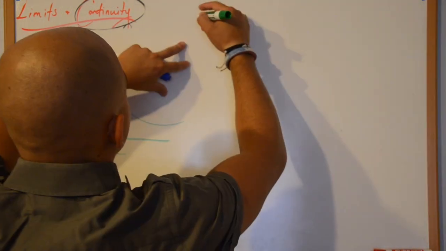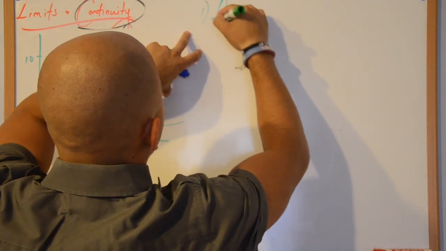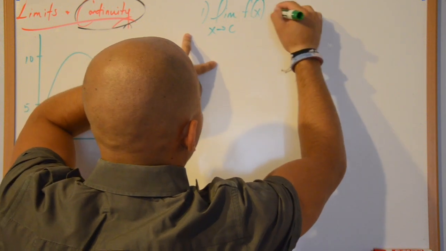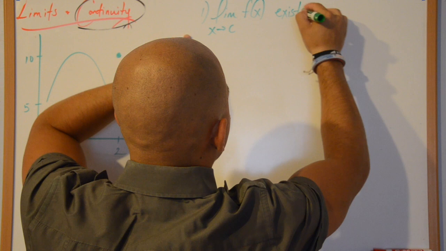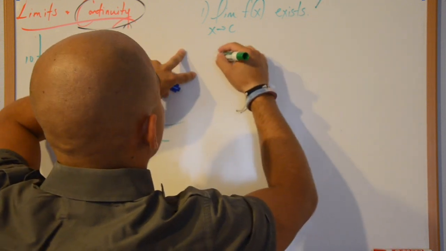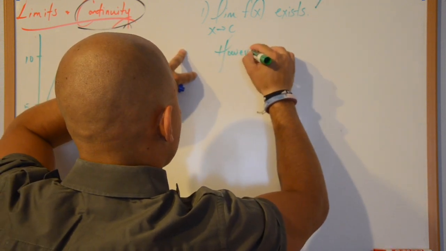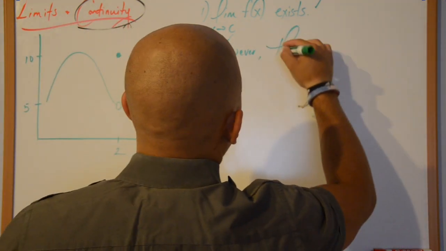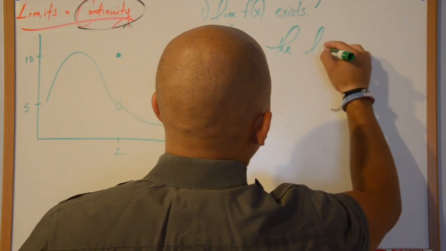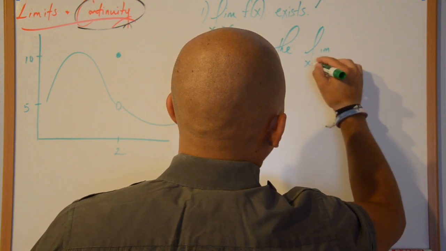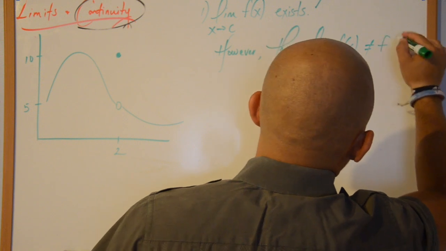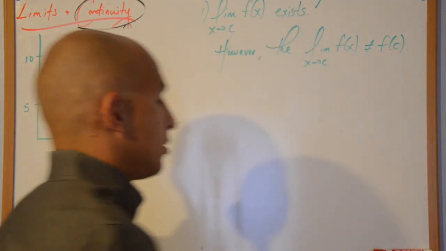So in this instance, the limit as x approaches c of f of x exists. However, the limit as x approaches c of f of x does not equal f of c.